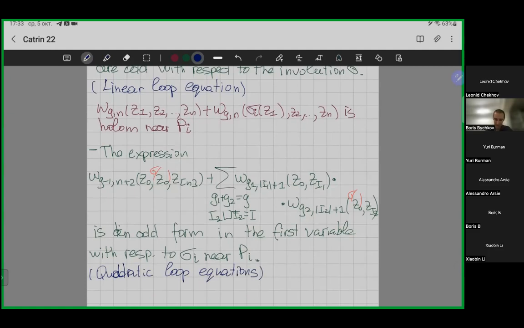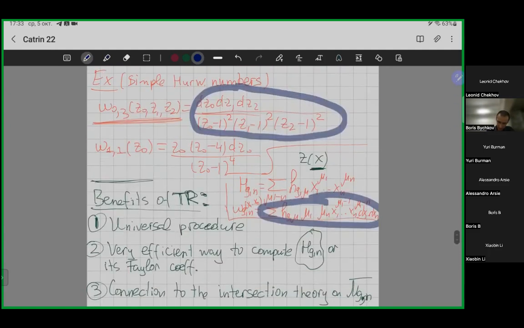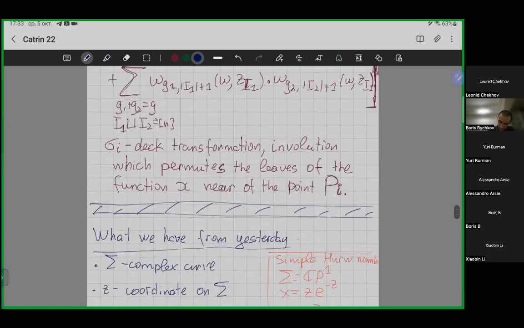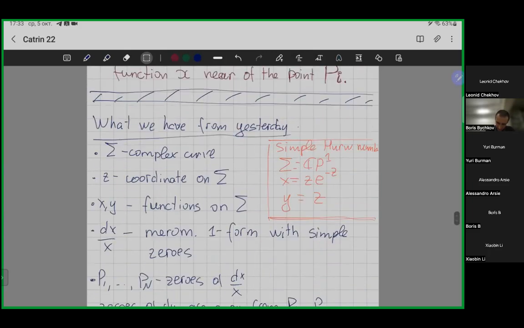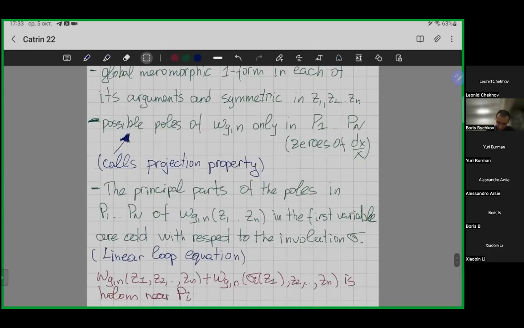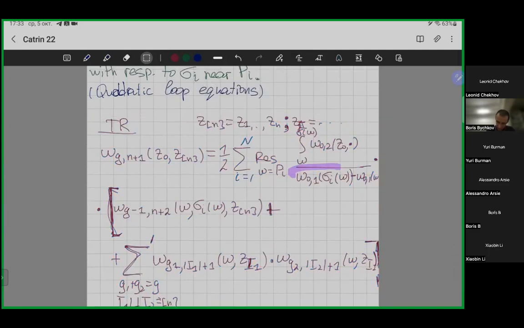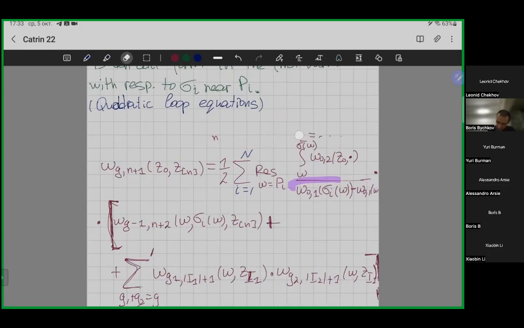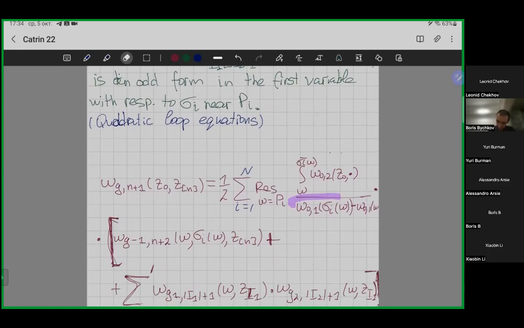Okay, maybe I can copy this and erase a little bit. Let me erase the first part of the recursion, this residue.